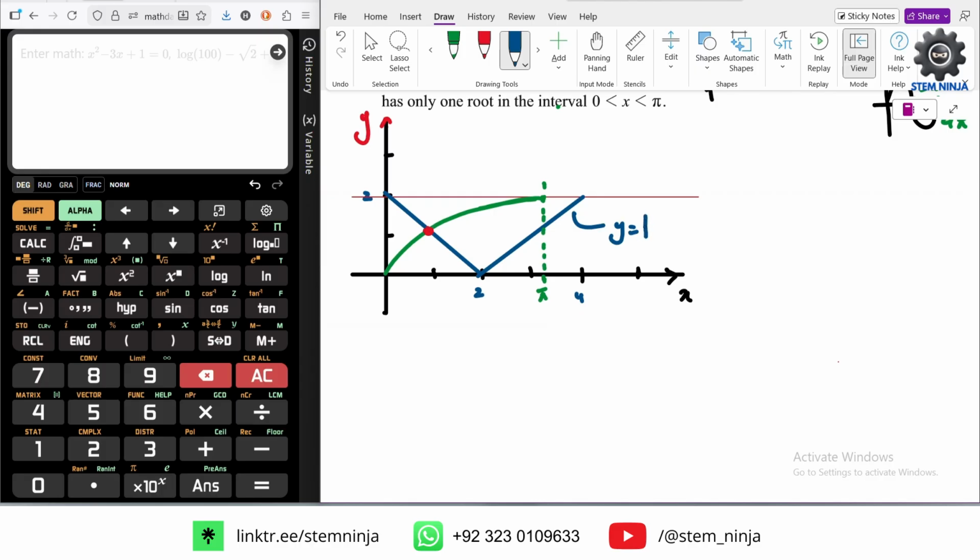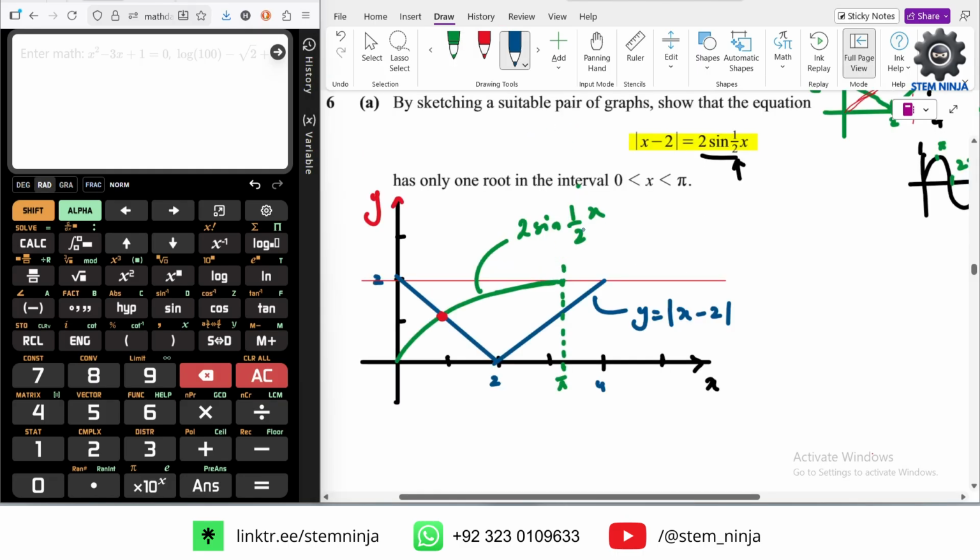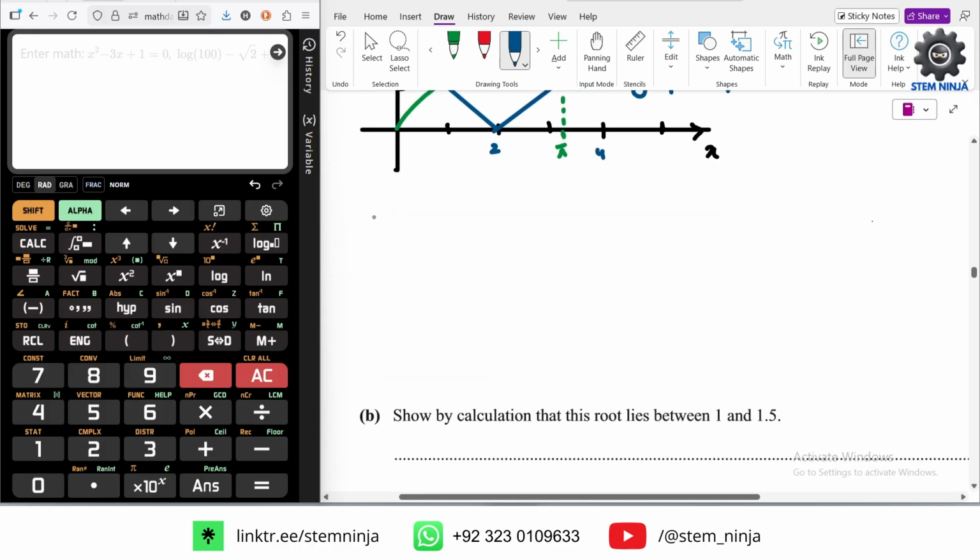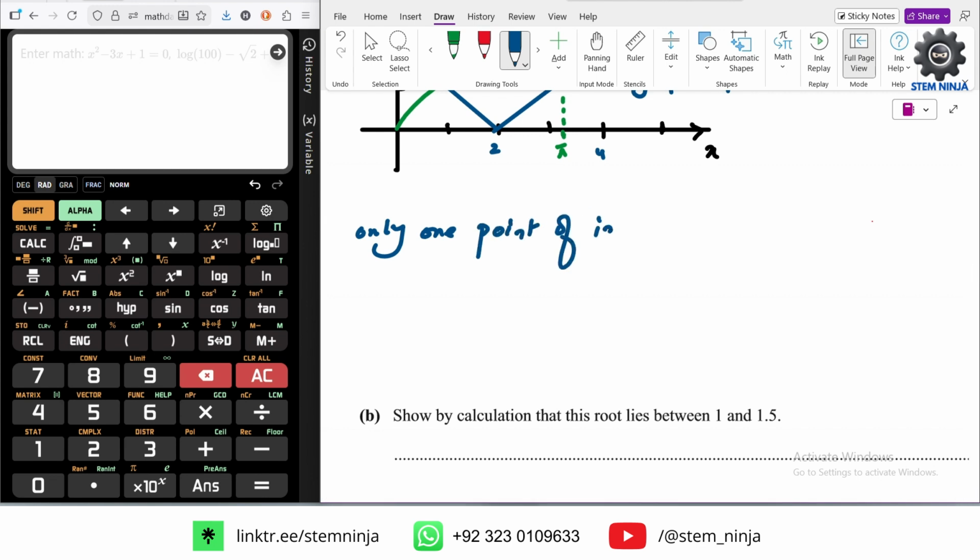This is your y is equal to mod x minus 2, and this is your 2 sine half of x. So we need to write over here only one point of intersection implies only one solution in the range 0 to pi.